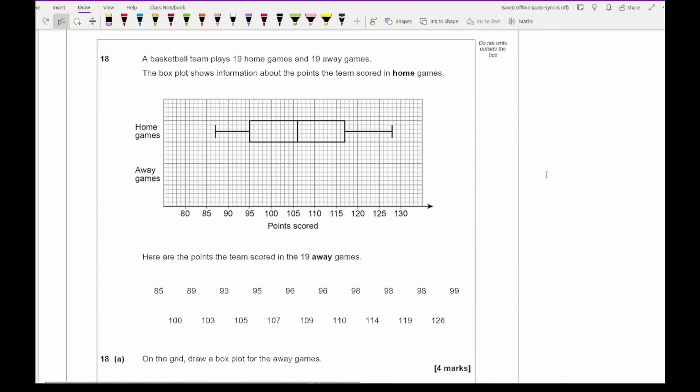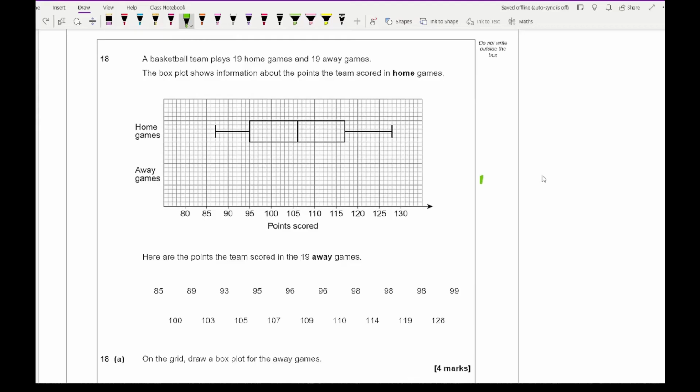Moving on to question 18, it says that a basketball team plays 19 home games and 19 away games. The box plot shows information about the points that the team scores in home games. Here are the points scored in 19 away games, and the question is asking us to draw a box plot with this information. So we can see that all the numbers are in order, which is great.